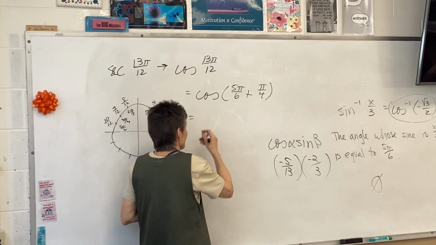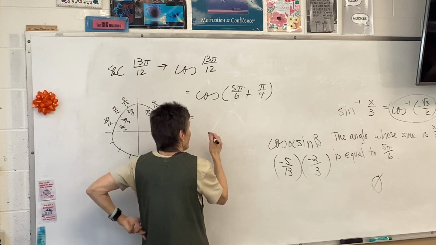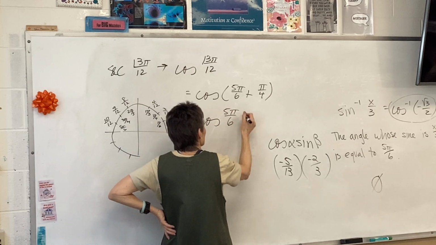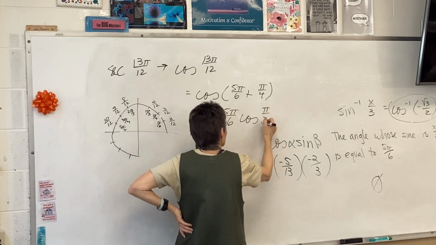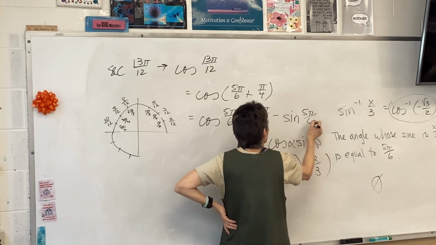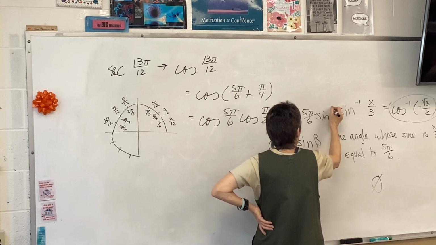Okay, what's our formula say for the cosine of a sum? Cosine of the first, cosine of the second, minus sine of the first, sine of the second.